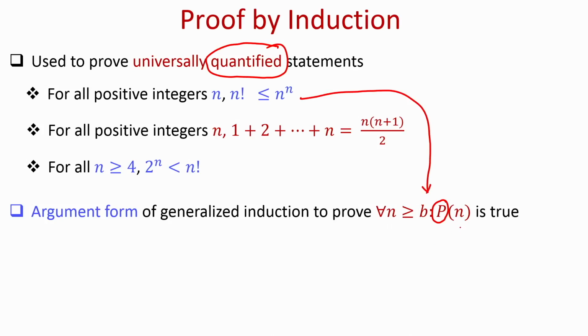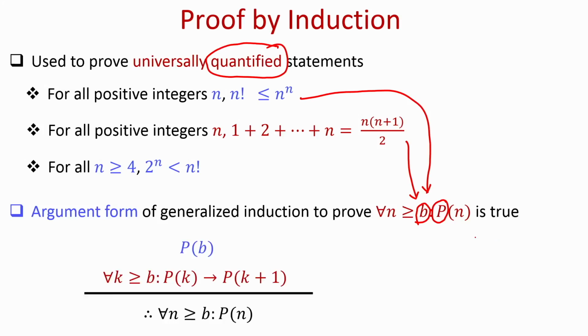We want to prove it is true for all positive integers. In the same way, for the second statement, the property P is that the summation of 1 to n is n times n plus 1 over 2, and so on. So, there will be some base case or starting value, and we want to prove that the property P is true for all values of n starting from B onwards.